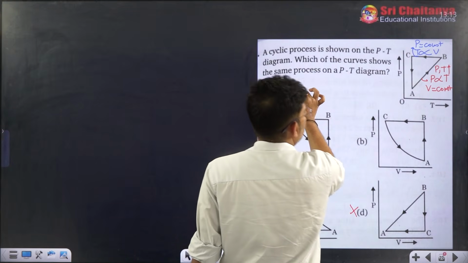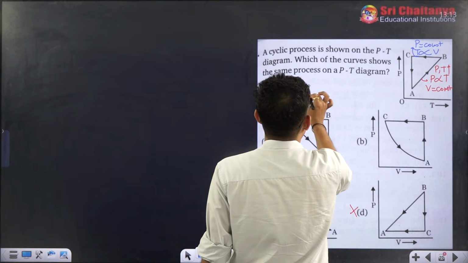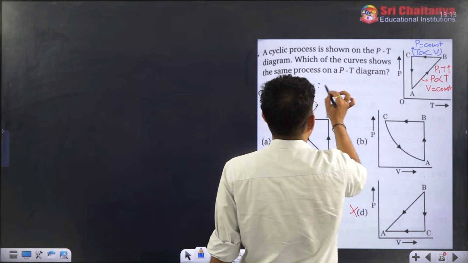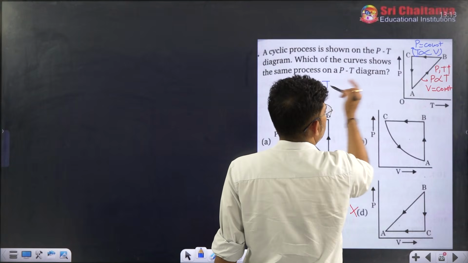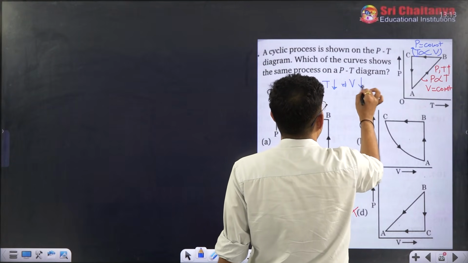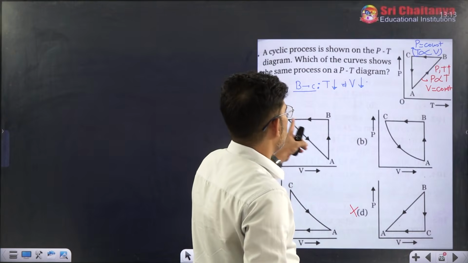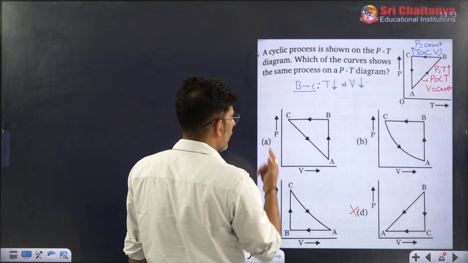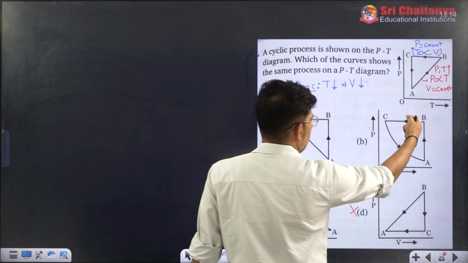So we can say in B to C, temperature should be proportional to volume. So temperature we can see is going left side, decreasing. So volume should decrease. So in B to C, pressure constant and volume should decrease. It is happening in both.